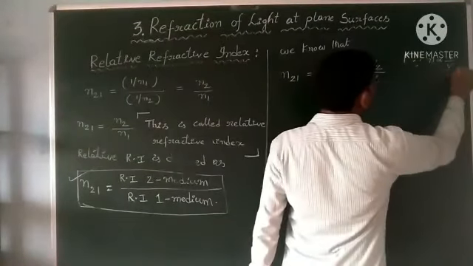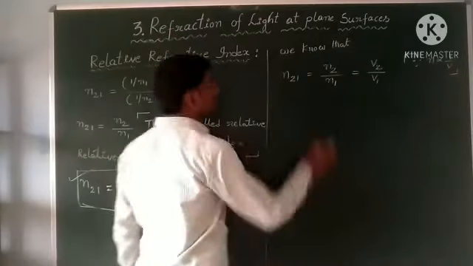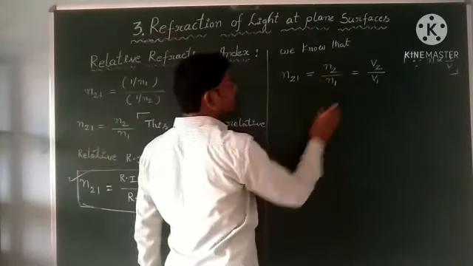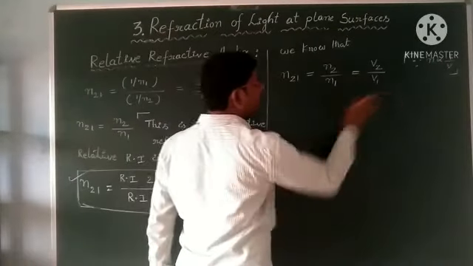So n2 to 1 is equal to n2 by n1, which is equal to v2 by v1.